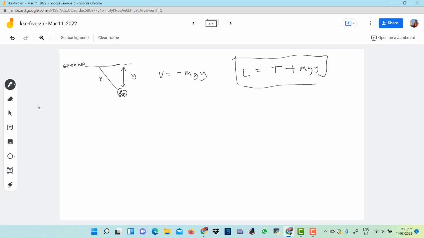So there are systems where your potential energy is positive. Take note, it is T minus V, so we have minus minus mgy, that becomes plus mgy, okay?